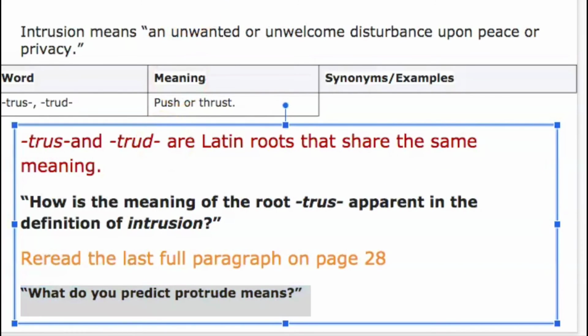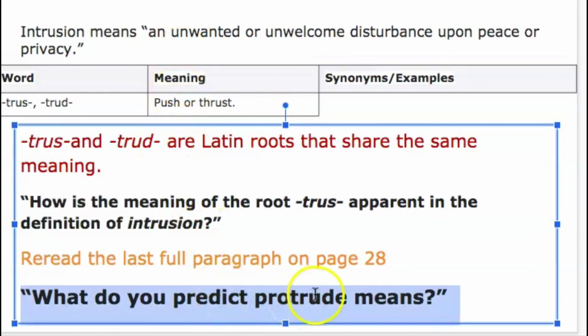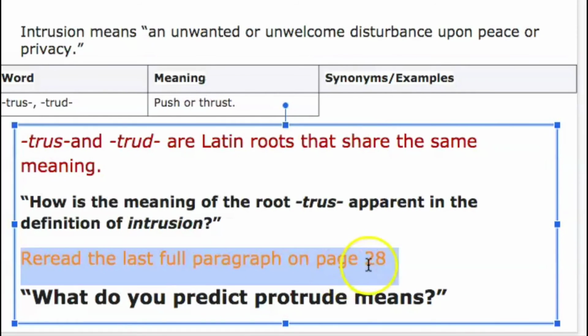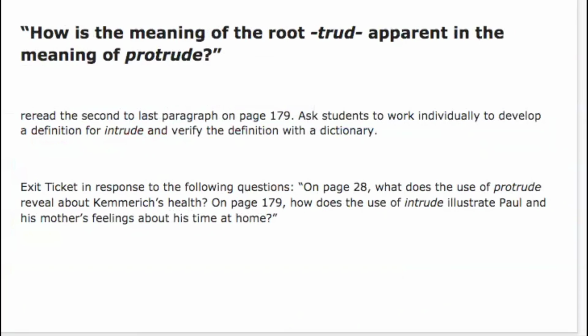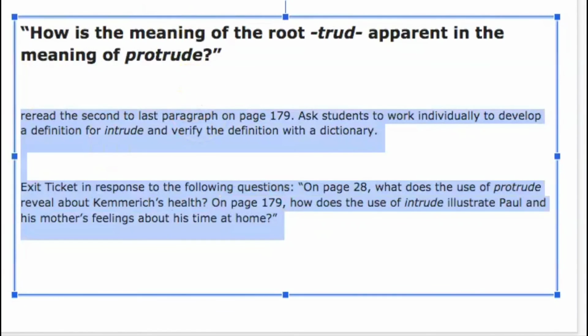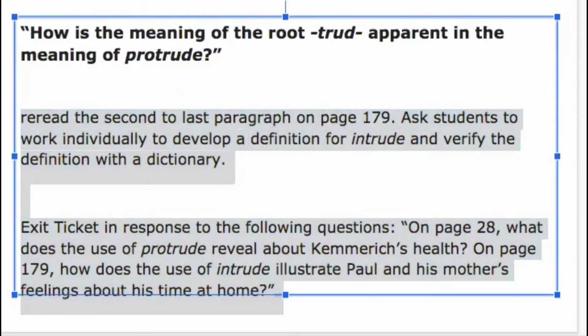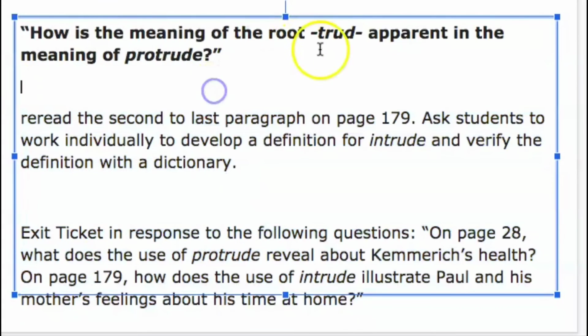And knowing that, what would you predict the meaning of the word protrude is? You can find these words in the last paragraph on page 28. How is the meaning of the root trude apparent in the meaning of protrude?